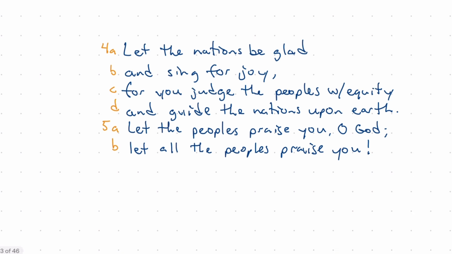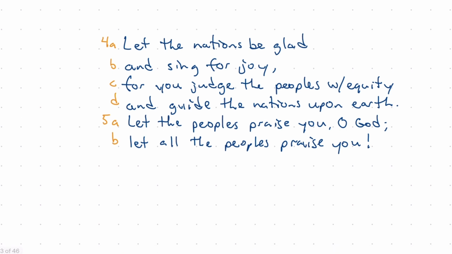Okay, I've written out these verses again according to their propositions, 4a, b, c, d, and 5a and b. And I'm going to draw my line down the left side and one arc over each proposition so that we can begin to consider what the relationship is between each of these propositions. So my eye goes first to this word and, this key word: let the nations be glad and sing for joy.